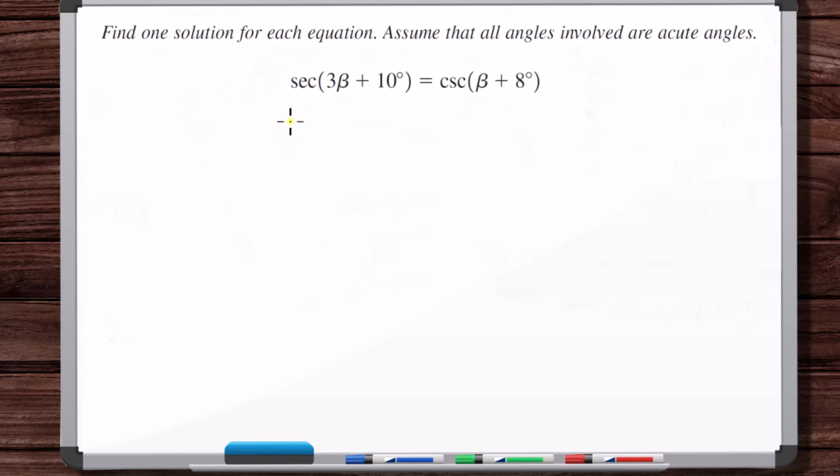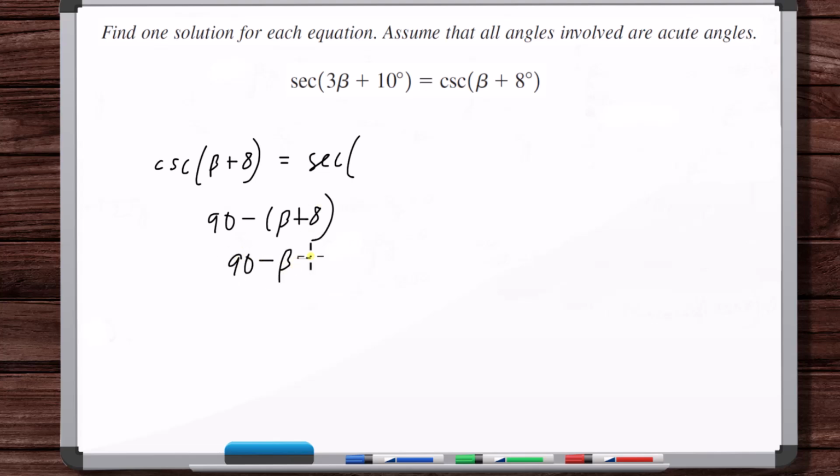Okay, these are cofunction pairs, so cosecant of beta plus 8 is equal to secant of, so 90 minus beta plus 8 is 90 minus beta minus 8. That's 82 minus beta. So this is equal to secant.